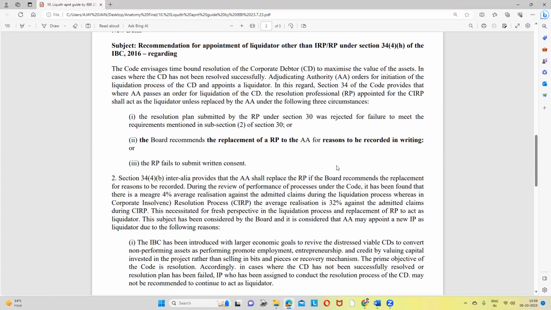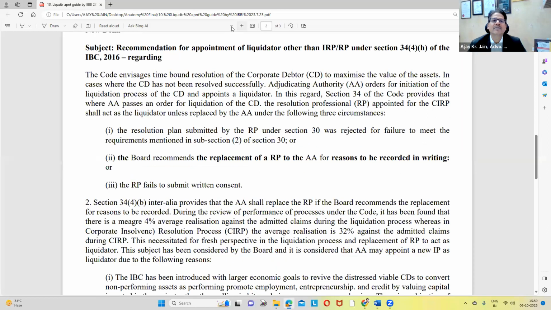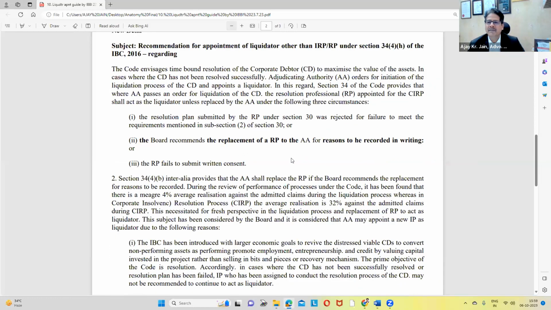Murthy ji, sir, please. This is more recommendatory in nature, but having said so, still they have referred to the powers they have to issue this letter. Yes, you are right. Now I will read the main points and paras of this letter for our knowledge, because many of you are RPs.